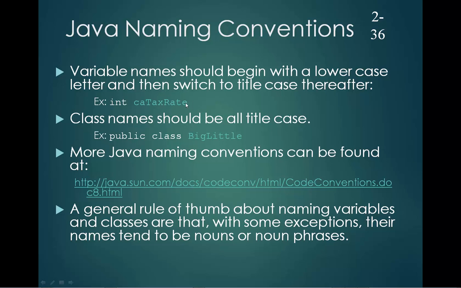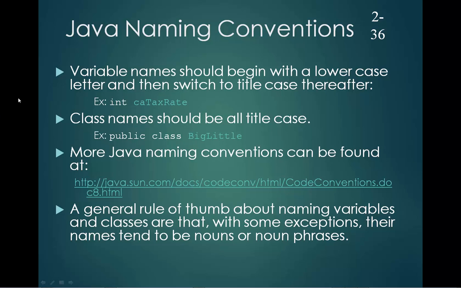But this is a descriptive name because it tells you that it's the California tax rate that we're working with, and in order to break the word up into its subwords, we just use capitalization. I'm sure you're familiar. You've probably seen this type of naming before in other places. Okay, it's called camel case because it has inner caps. Within the word there is capitalization, which is kind of an unusual way to do things.